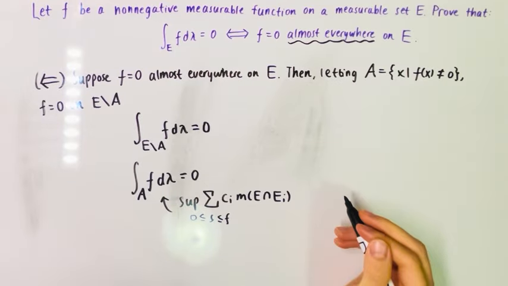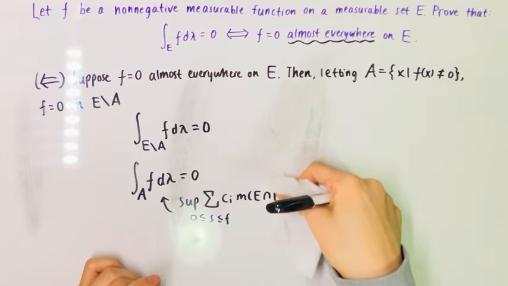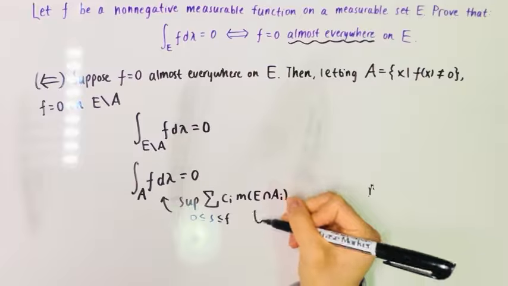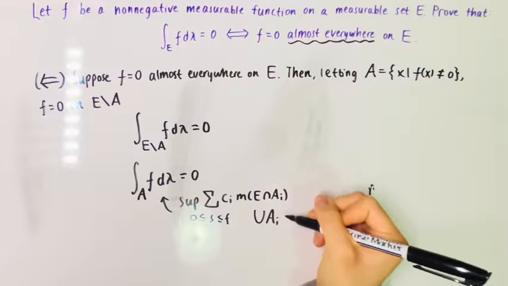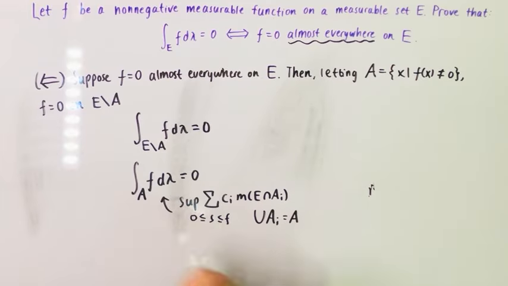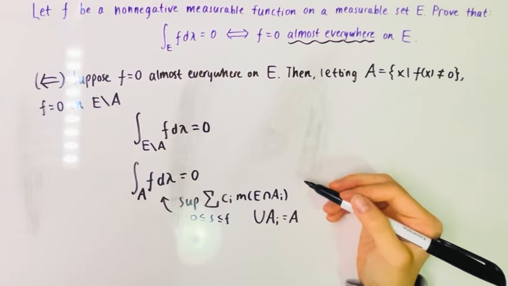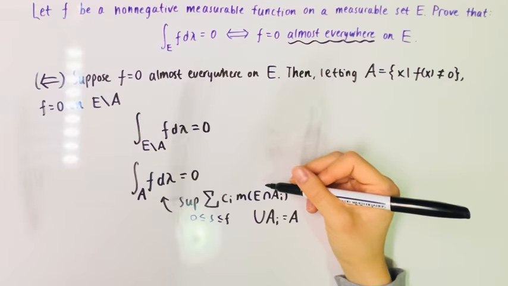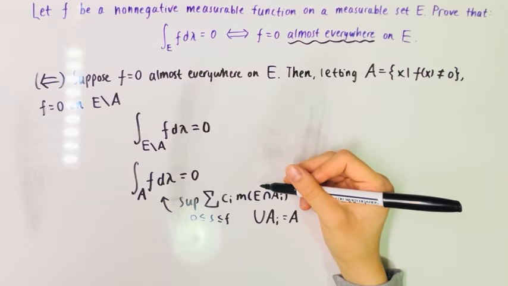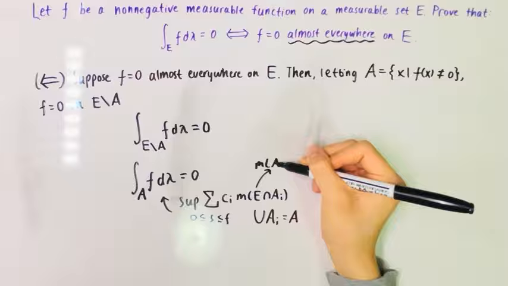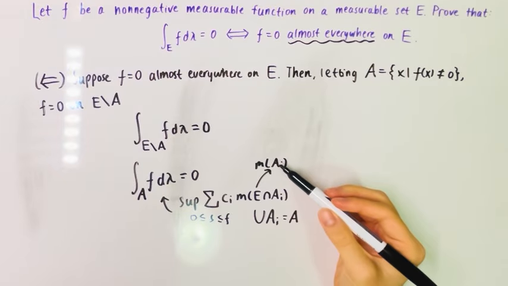Or actually, let's make these A_i since we're doing it over this A, where the union of all these A_i's we have constructed to be equal to A. And so we see that since A is a subset of E, this is just the sum of c times the measure of A_i.